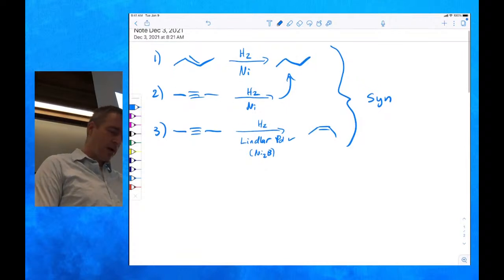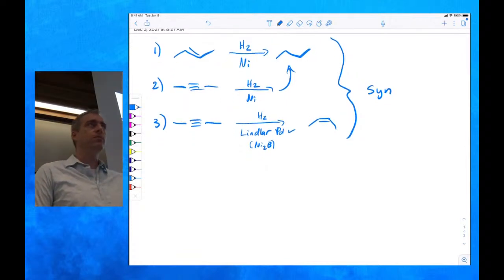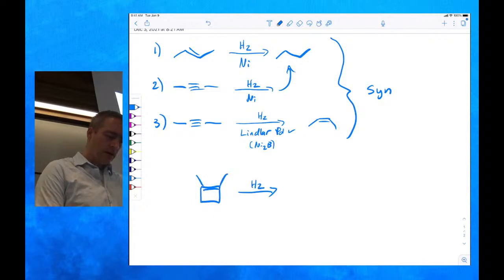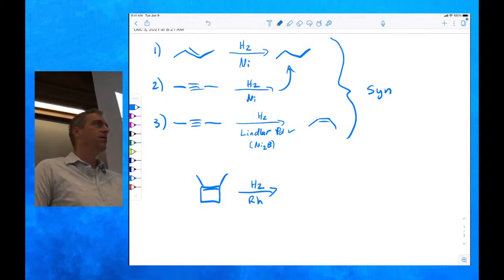If you did the first reaction with something that was cyclic, let's give you an example like this. If we use hydrogen here with, I don't know, let's use rhodium. Rhodium seems not to get used all that much, but it'll work. So we're going to use rhodium here.